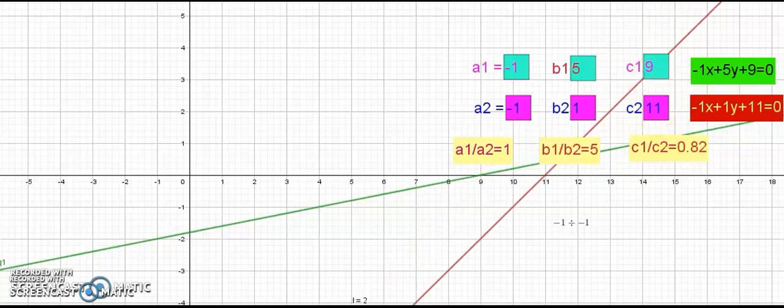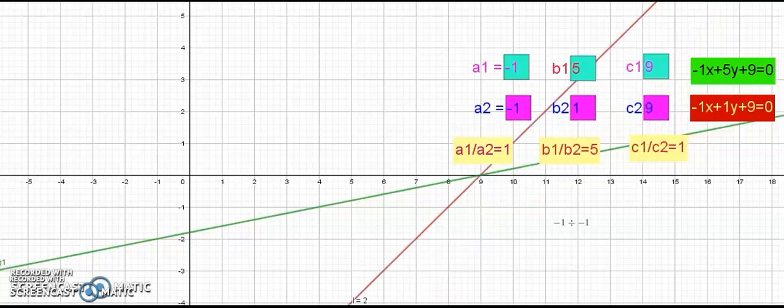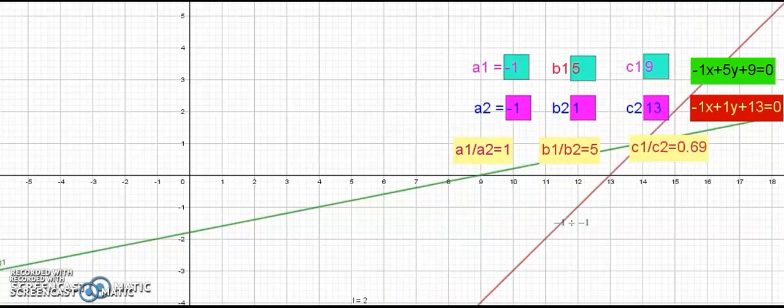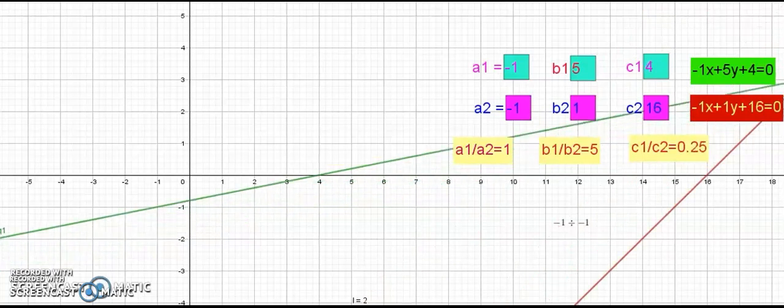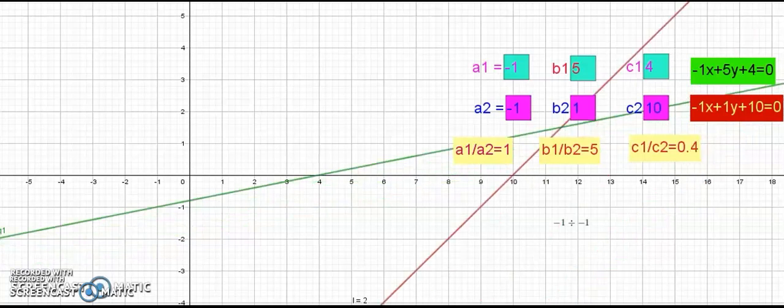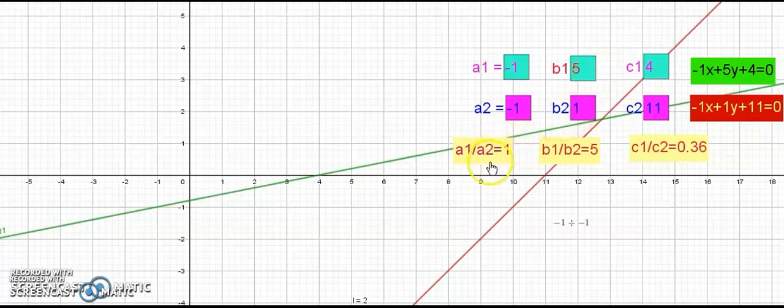Now when we are changing the values of c2, you can see the change in the ratio c1 by c2. Whenever a1 by a2 and b1 by b2 are different, you can observe that the lines are intersecting, irrespective of the ratio c1 by c2.